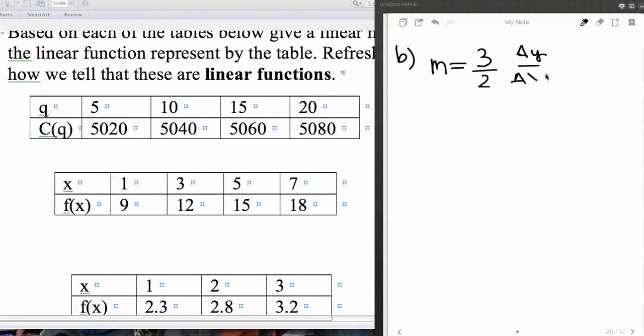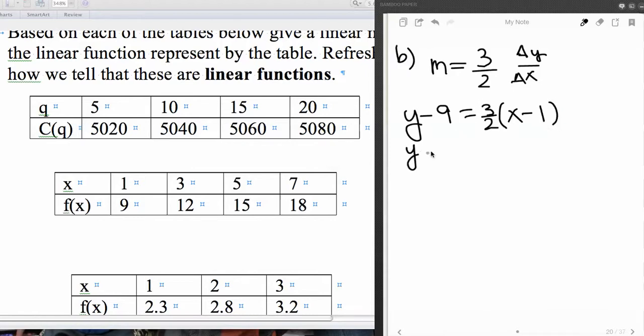And this time, instead of x's and y's, we have x's and f of x's. So now we're going to use the point slope form, y minus, we pick a point. Let's do the first one this time. So y minus 9 equals 3/2 times x minus the x value, which is 1.